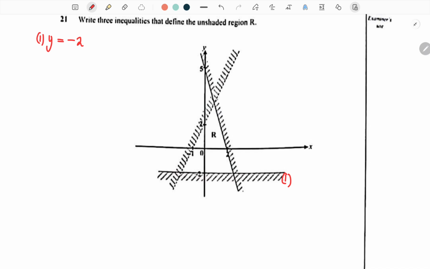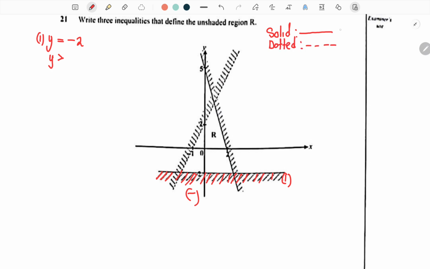Now, since they are shading downward, you need to write the opposite. That's the concept, write the opposite. Because it's going downward in the negative section, in your equation, you're going to say y is going to be greater. Now, because it's a solid line, it is going to look like this, and a line which is dotted is going to look like this.